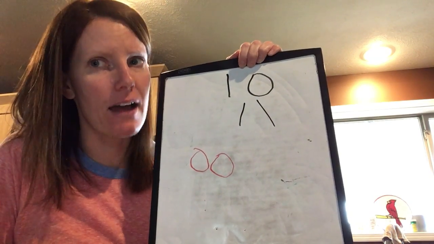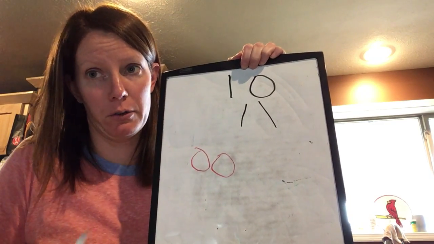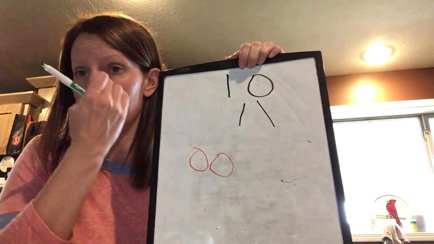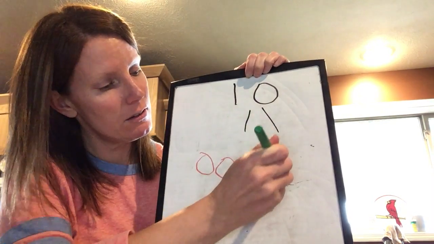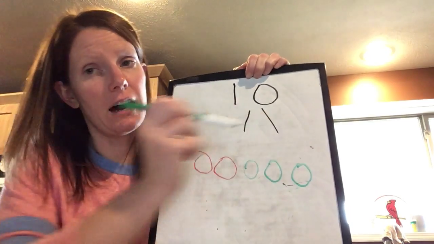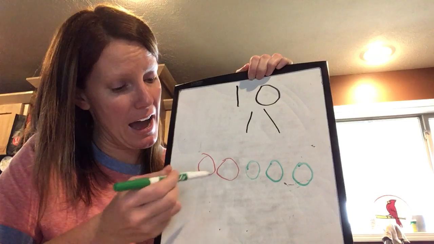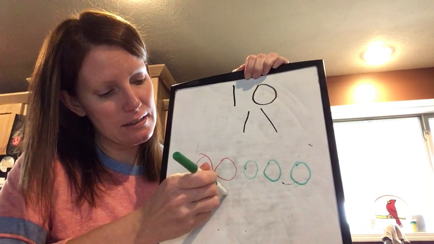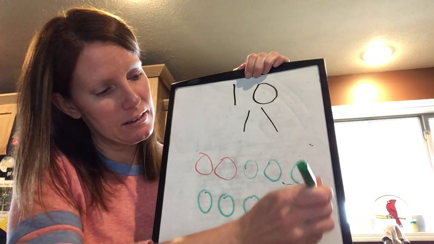Now we have to get to that 10, so I'm going to switch to my green marker, and I'm going to hope my green marker stays with me. It's kind of fading. So we say 2, 3, 4, 5. Now I have to drop down because we're doing it in the 5 group way. So 5, 6, 7, 8, 9, 10.